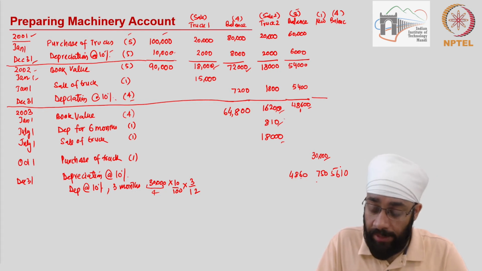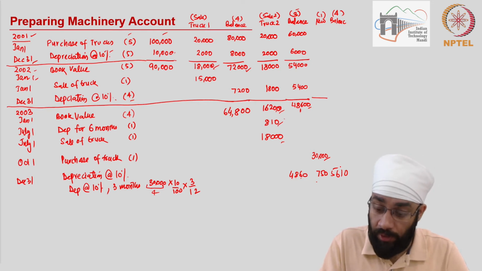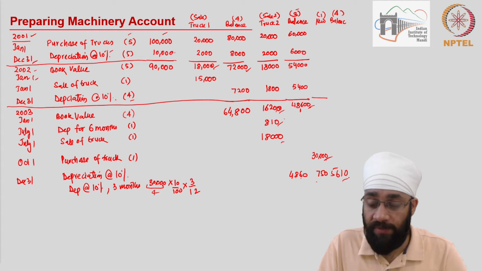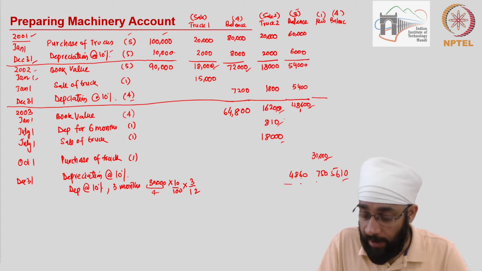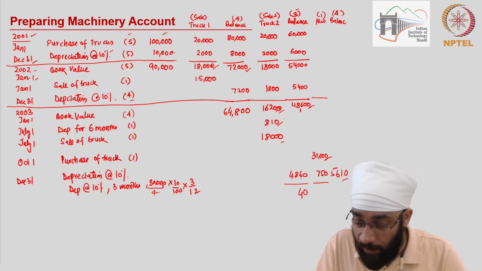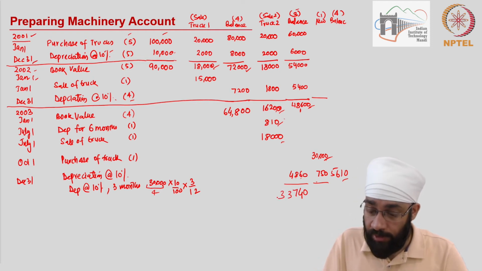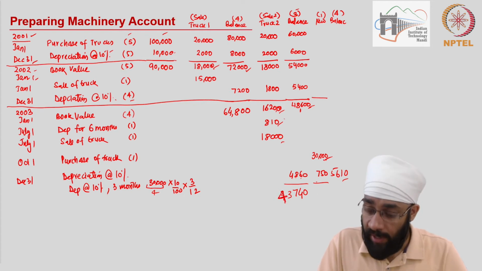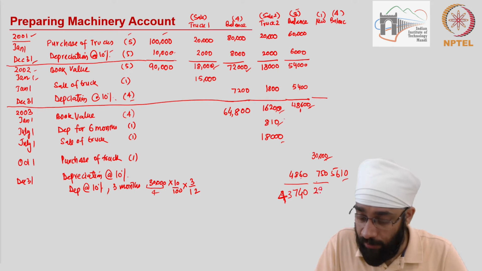So the balance in the trucks account is going to be equal to 48,600 plus 30,000 minus this 5,610, and we could do it separately as well. So 48,600 minus 4860 gives me 43,740, and here you have 29,250.